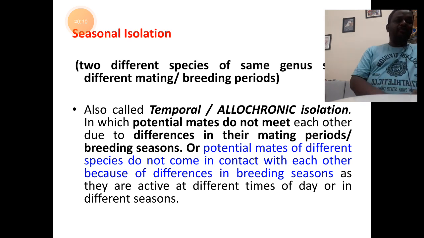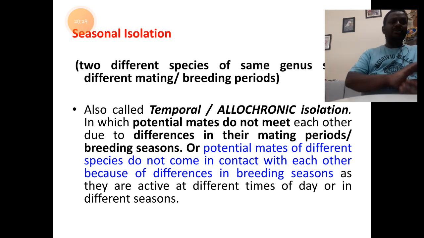The next type of pre-mating reproductive isolation is seasonal reproductive isolation, which is also called temporal reproductive isolation or allochronic isolation. Here, two potential mates of different species do not mate due to the difference in their breeding seasons.